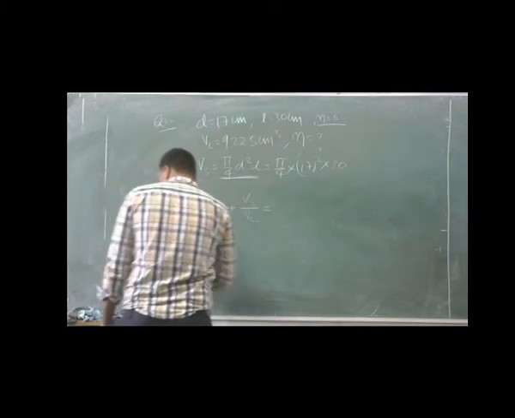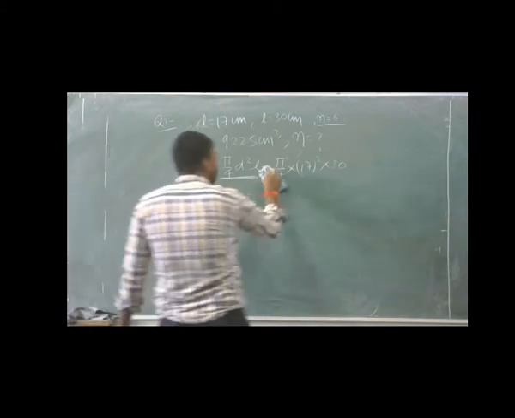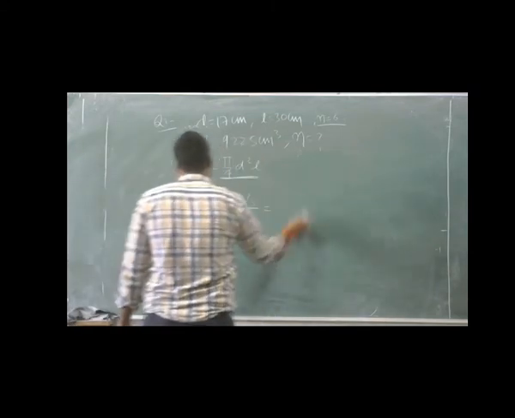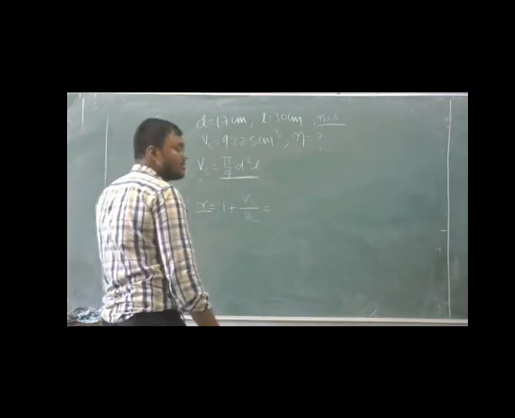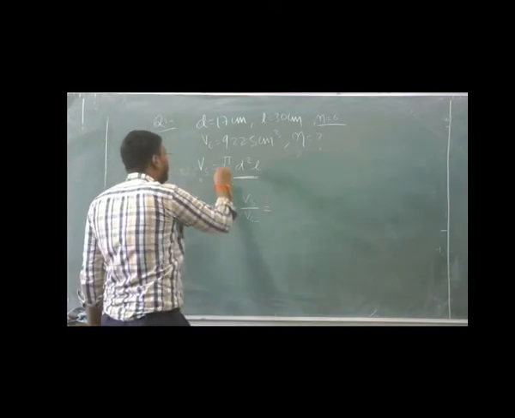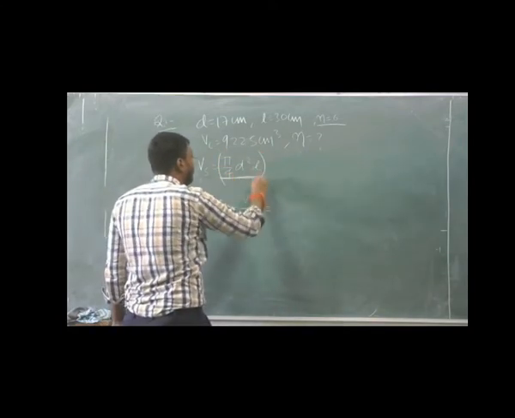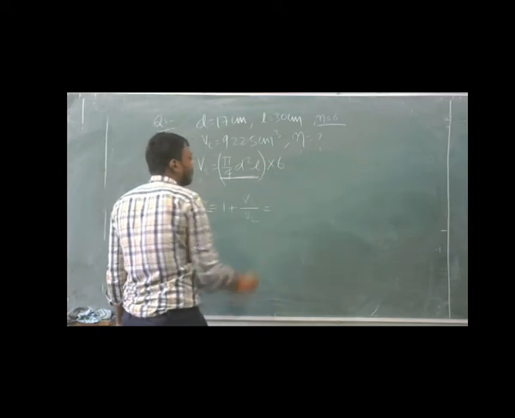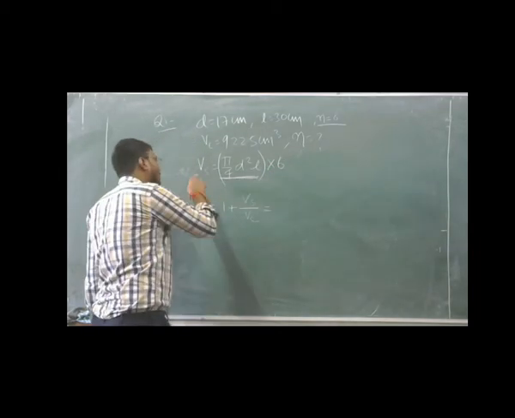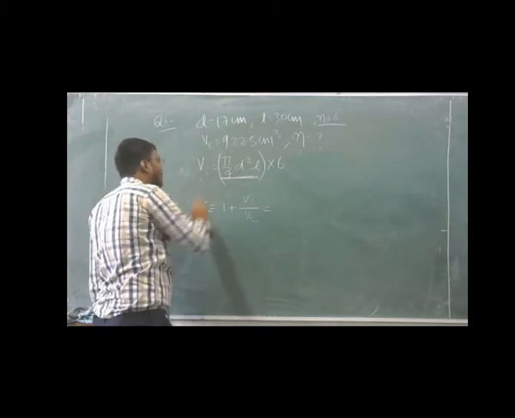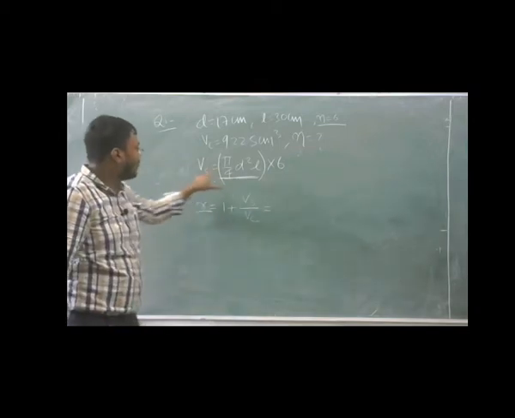This is the value for only 1 cylinder, but the engine is of 6 cylinders. So we have to multiply the 1 cylinder volume with 6. Then we get the stroke volume Vs for 6 cylinders.